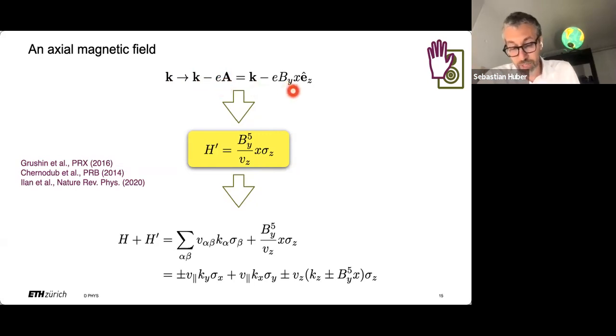But that's just what happens if you add the magnetic field. Now let's pick some gauge. I pick here a Landau gauge where I have K minus E A, but we only take the Z component, and then I add it to my Hamiltonian. But now I see I just have something that is in the Z direction, so that is like K_z multiplying sigma Z in the equation before.